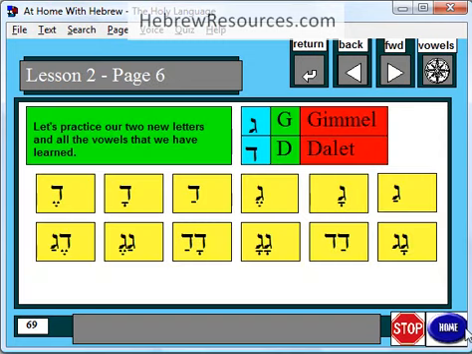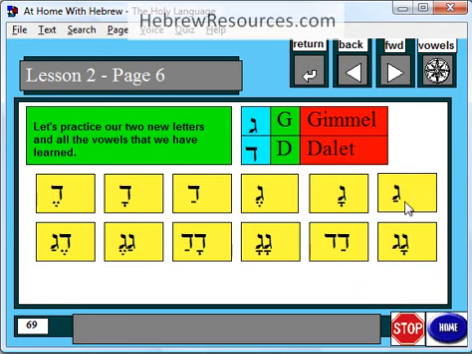Okay, so now we're going to mix these two letters up, and we're just going to use the two new letters. We're not going to use the letters that we learned in lesson 1 yet. So G is the Gimel sound. How would you say this first letter? Ga. Okay, second one.